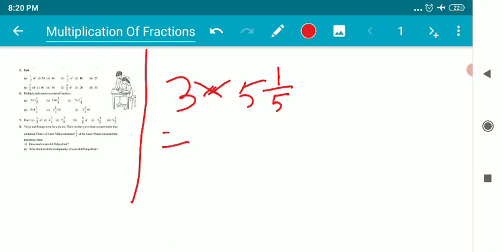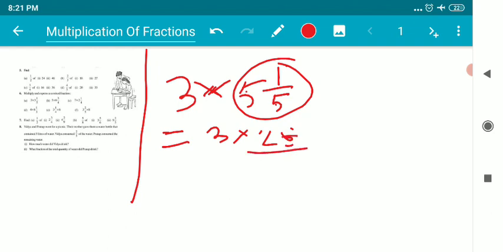First we will write 3 into 5 1 by 5, which will be converted into an improper fraction. As it's in a mixed fractional form, we will convert it into an improper fraction. So 5 5s are 25 plus 1 is 26 by 5. So the number is 26 by 5.